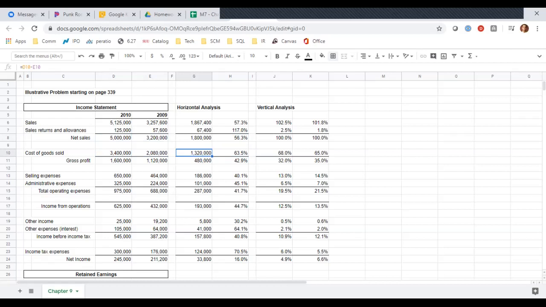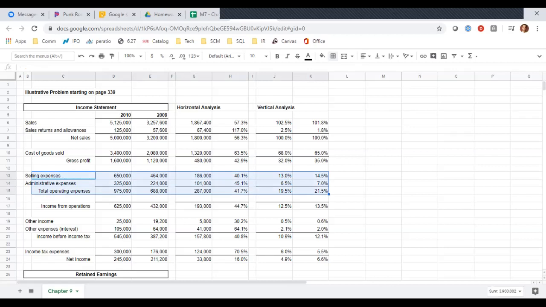Okay, so if we go down and look at the rest of this, $186,000 increase, 14, so we actually did better there, and we did better here. So our total operating expenses actually decreased. So we don't have any problem there.